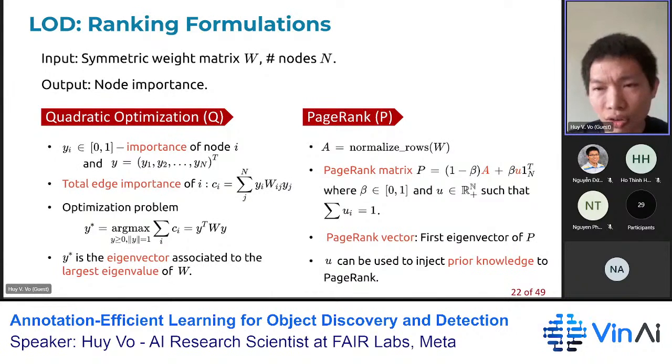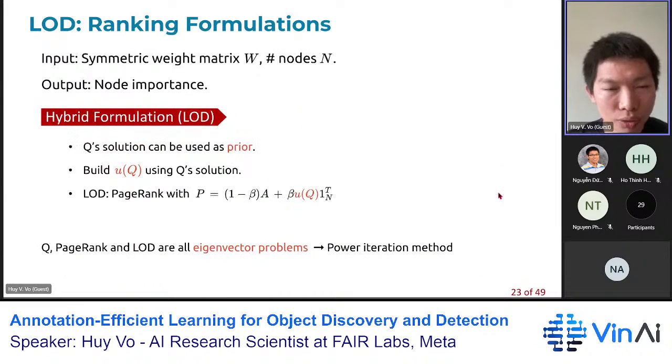This vector is called so because we can inject prior information into it to influence the solution of PageRank. For example, if we know beforehand that some nodes are already important, we can put higher weight for these nodes in vector U than other nodes. And that's exactly what we propose to do in our proposed hybrid formulation, LOT.